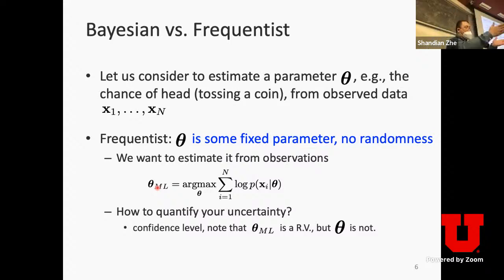I want to estimate the parameter of this distribution and how likely the true parameter falls between my estimate minus 1 standard deviation and my estimate plus 1 standard deviation. So all the uncertainty is reflected in my estimate rather than the ground truth value of the parameter. This is all we have learned from our elementary course of statistics. Is everyone comfortable?